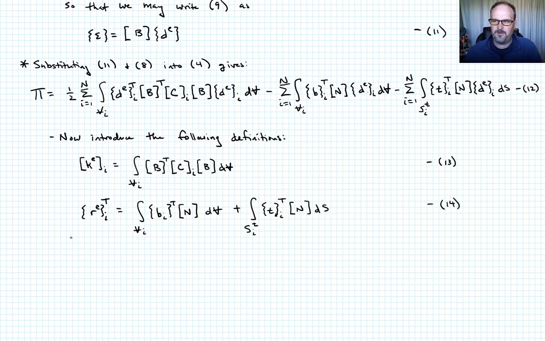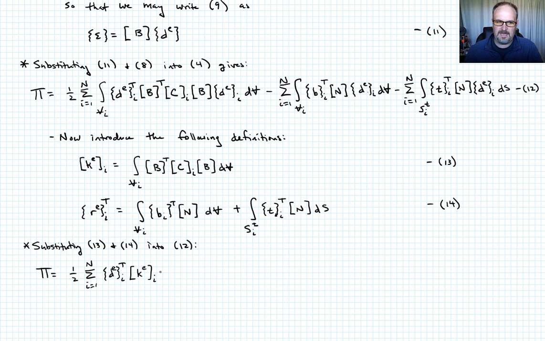So I can now substitute 13 and 14 into 12 and write the following. So we have pi now is equal to 1/2 times the sum from i equals 1 to n of de_i transpose times now our element stiffness matrix Ke_i times de_i.